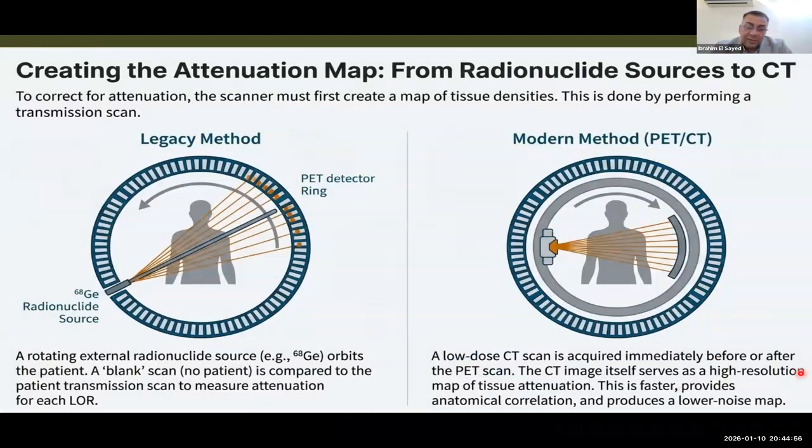Also, it's on the same table, so it's very accurate. It provides a high quality attenuation map. Of course, all of us know that we can use it not only for attenuation, but also as anatomical imaging to accurately localize lesions.